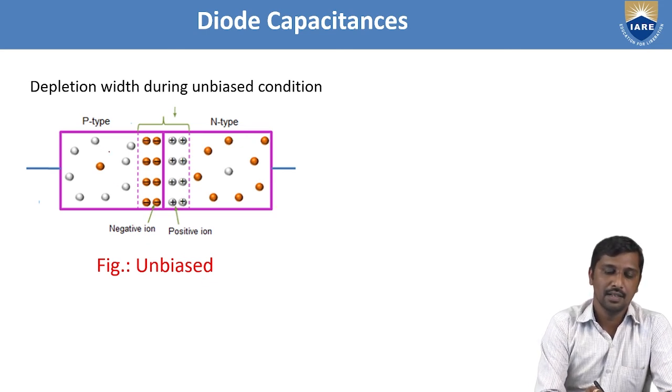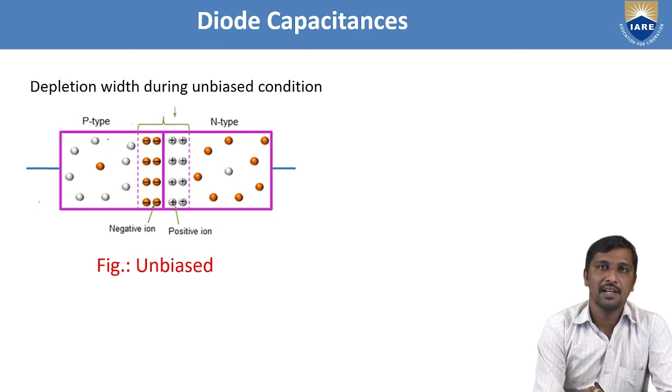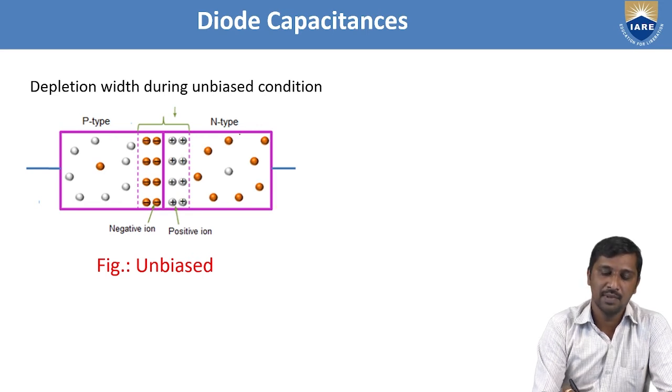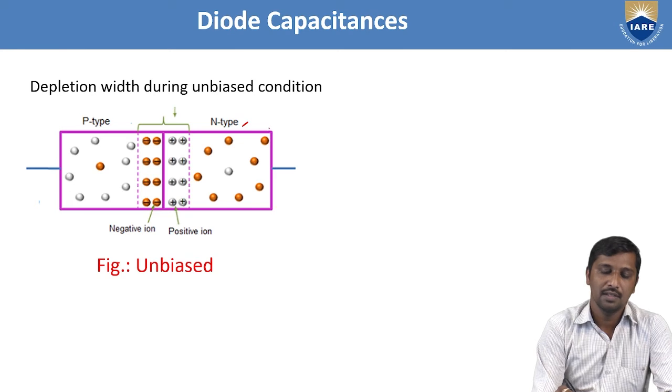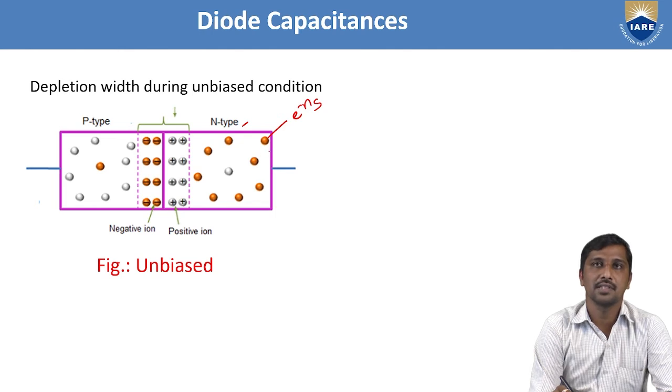Let us take one side doped with trivalent impurities, then it acts as a p-type extrinsic semiconductor. Similarly, the other side is doped with pentavalent impurities, then it acts as an n-type extrinsic semiconductor. We know that in the n-type, the majority charge carriers are electrons.